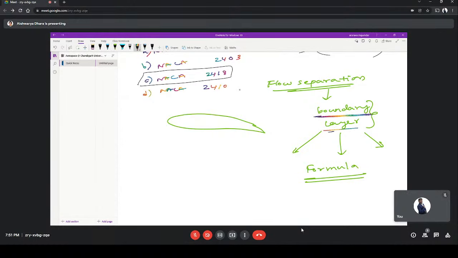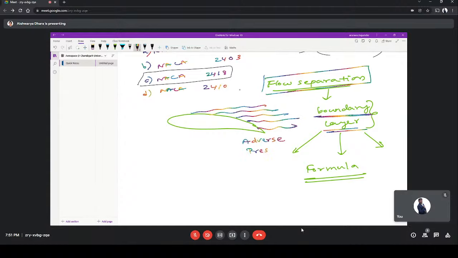So again, this is another very important topic, the boundary layer, and the relation with flow separation, right? Once the flow separation begins, we call it an adverse pressure gradient.